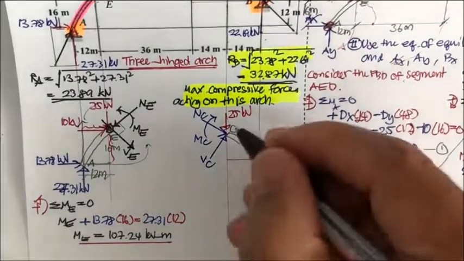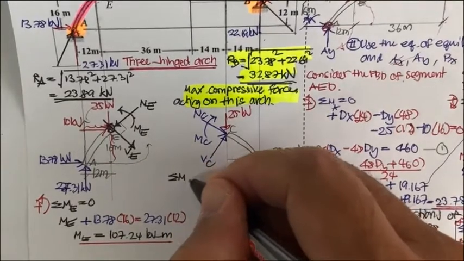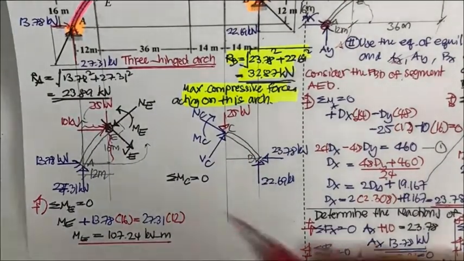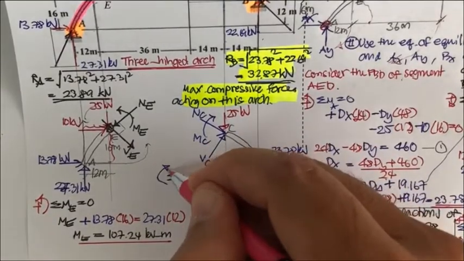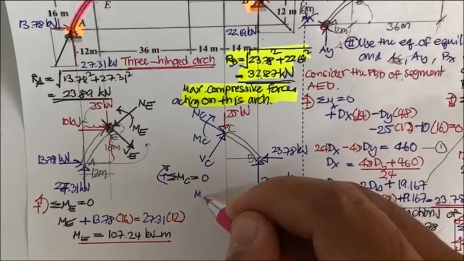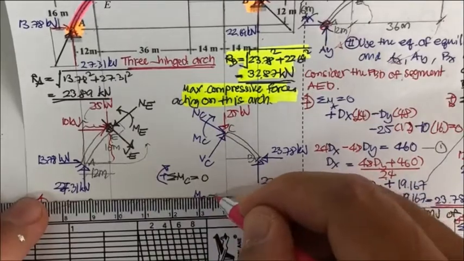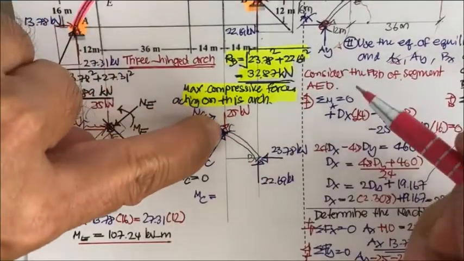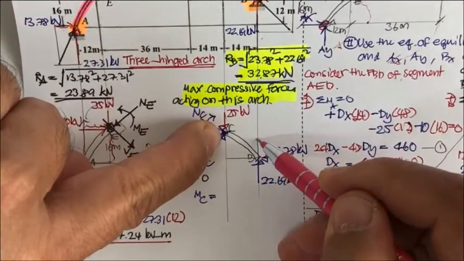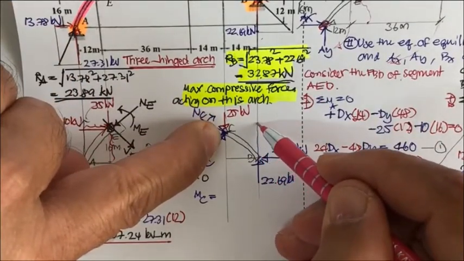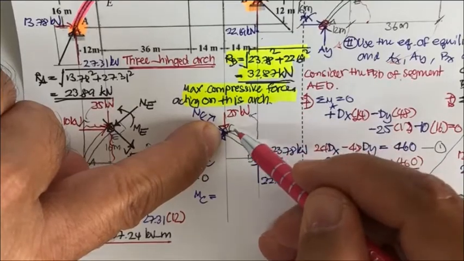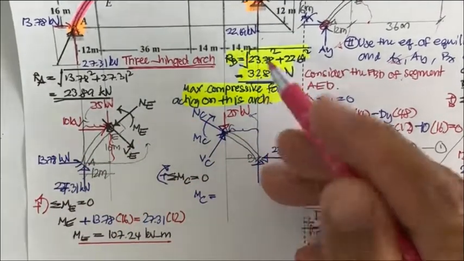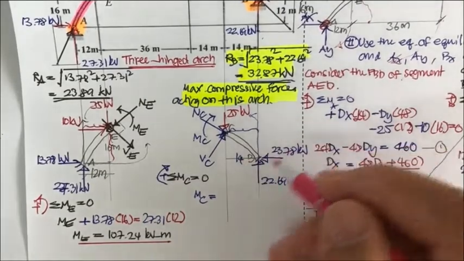Okay, but for this, the summation of moment at C equal to 0. And now this time M sub C is like this, it is plus. So M sub C equal to what? Take the moment at the C, and then this one is going to be up, right? And going to rotate in the opposite direction with this moment arm of 14 meter.